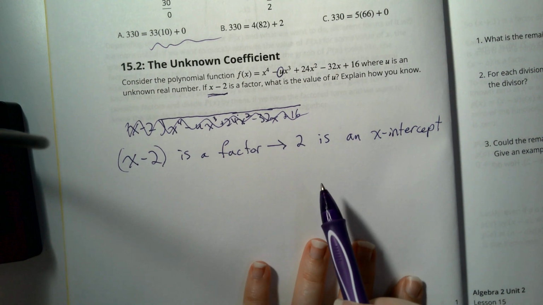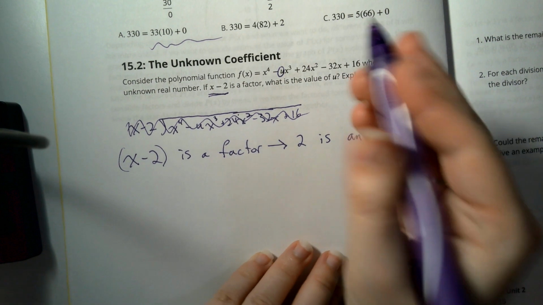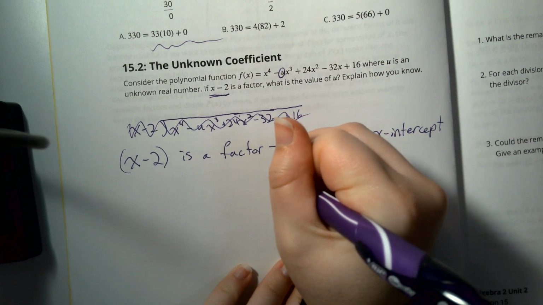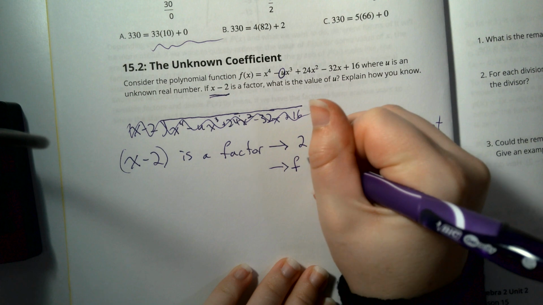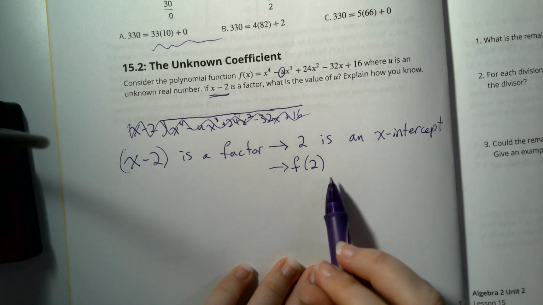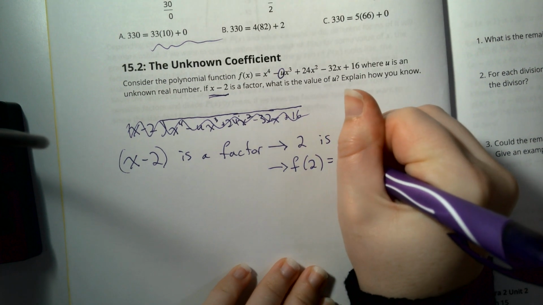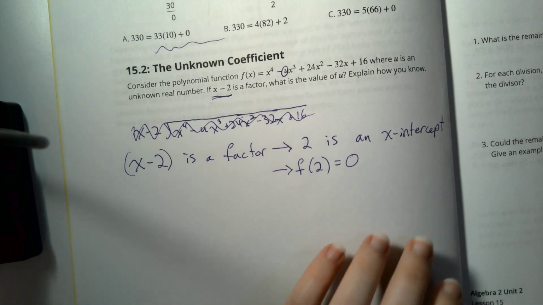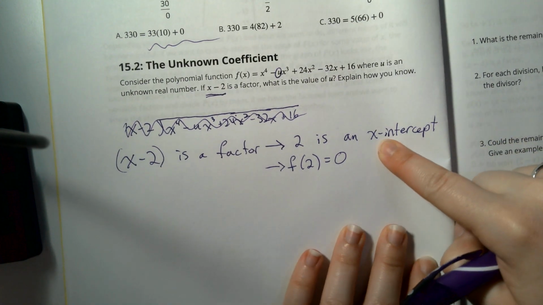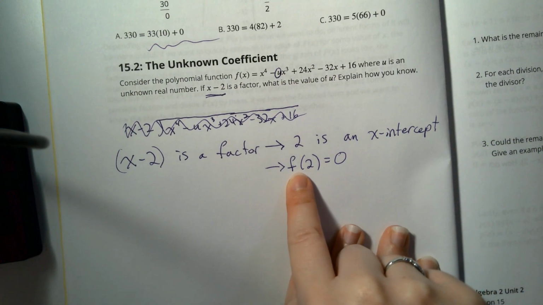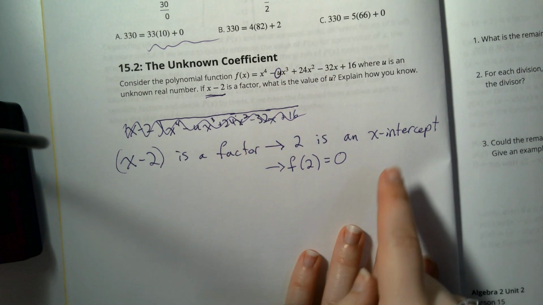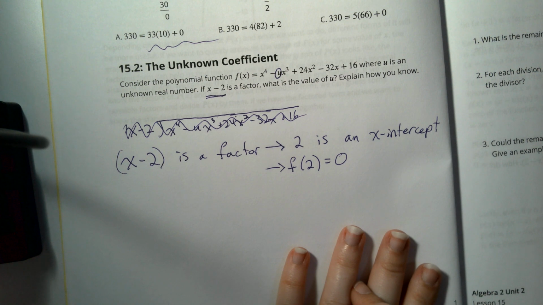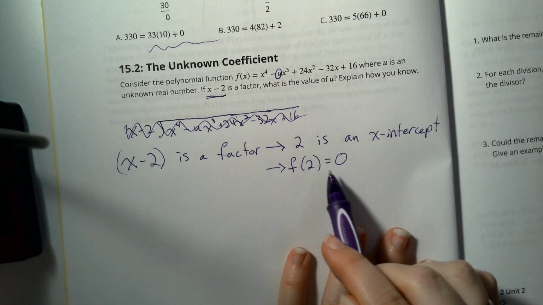And if 2 is an x-intercept, that tells us that f of 2, or when you plug in 2, you get 0, because whatever you can plug into the original function to get 0 is an x-intercept. So we know that f of 2 equals 0.